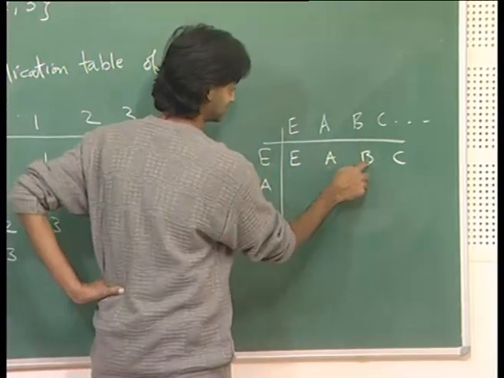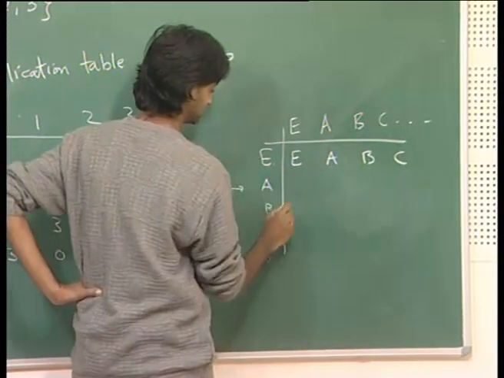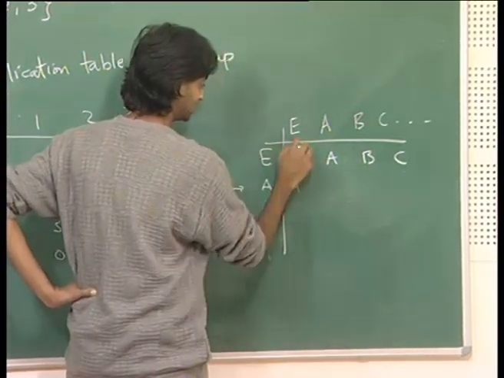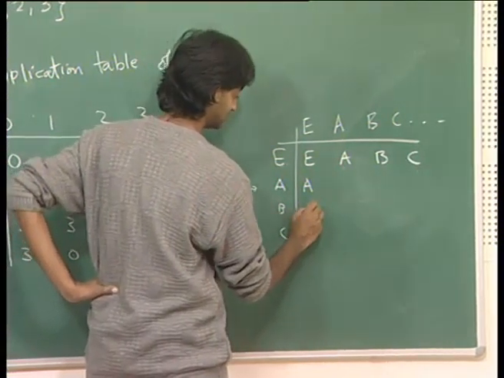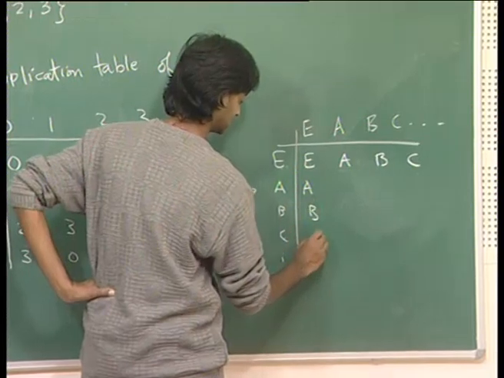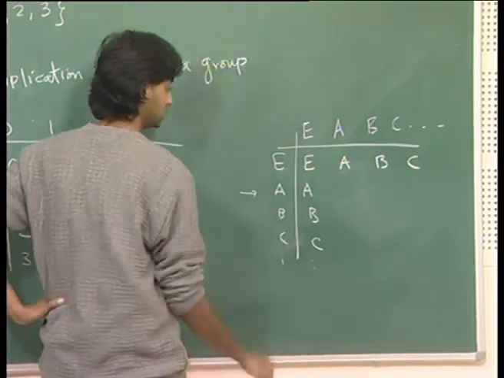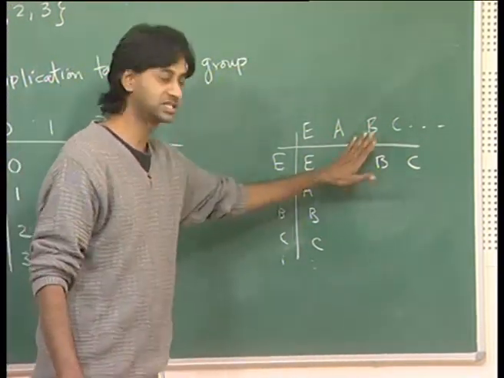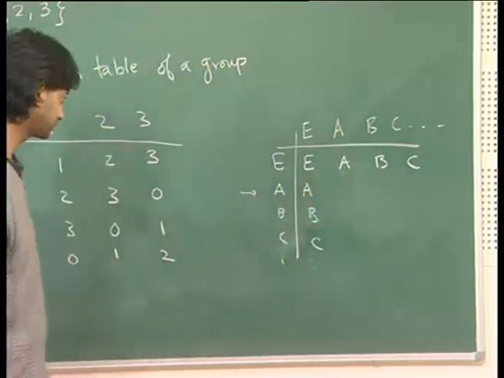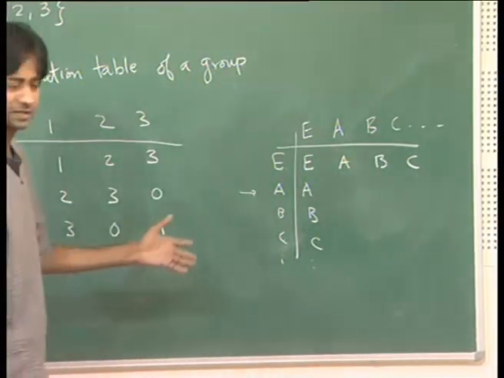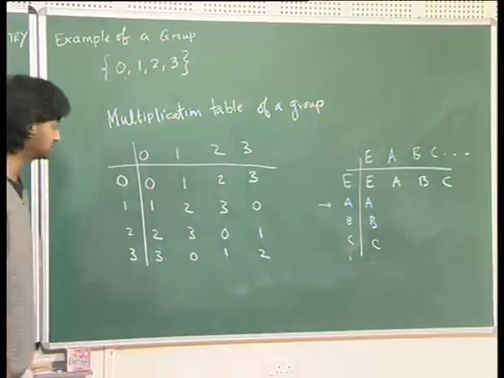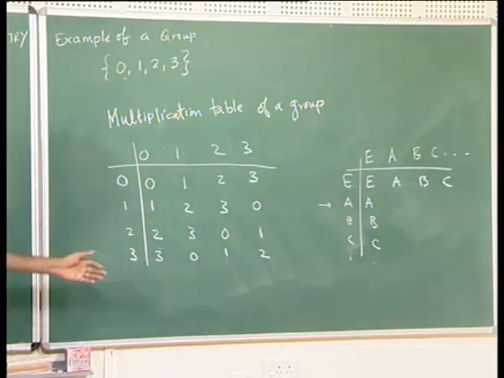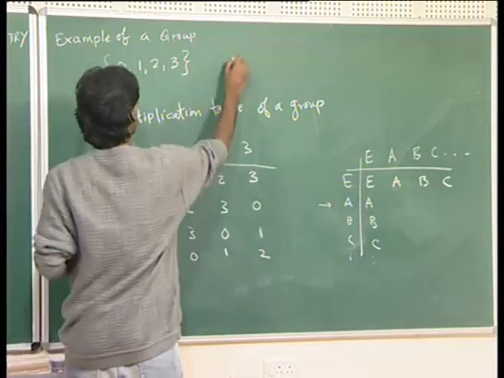E dot B has to be B, E dot C has to be C. Similarly, A dot E has to be A, B dot E has to be B, C dot E has to be C, and so on. So this part of the multiplication table is common to all groups. The rest of the multiplication table depends on the properties of the group and how you define your binary operation.